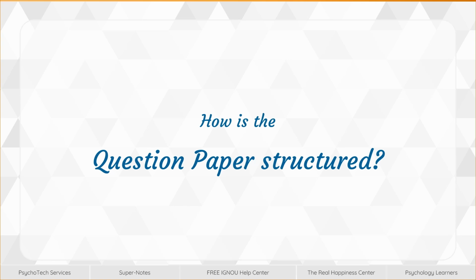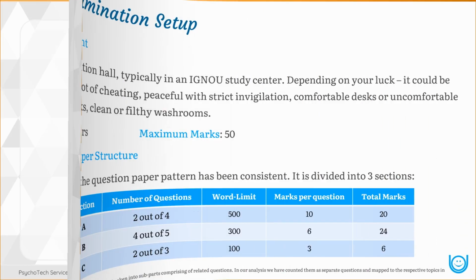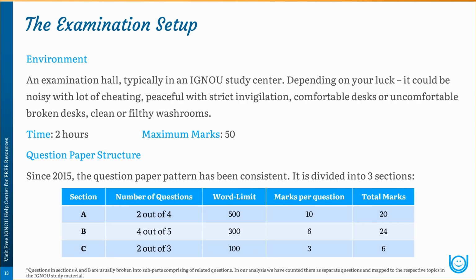First, let's quickly understand how is the question paper structured. You have 2 hours to write your answer, which is barely enough. You need to think and write fast if you want to complete your answers in time. The question paper is divided into three sections just like the assignments.